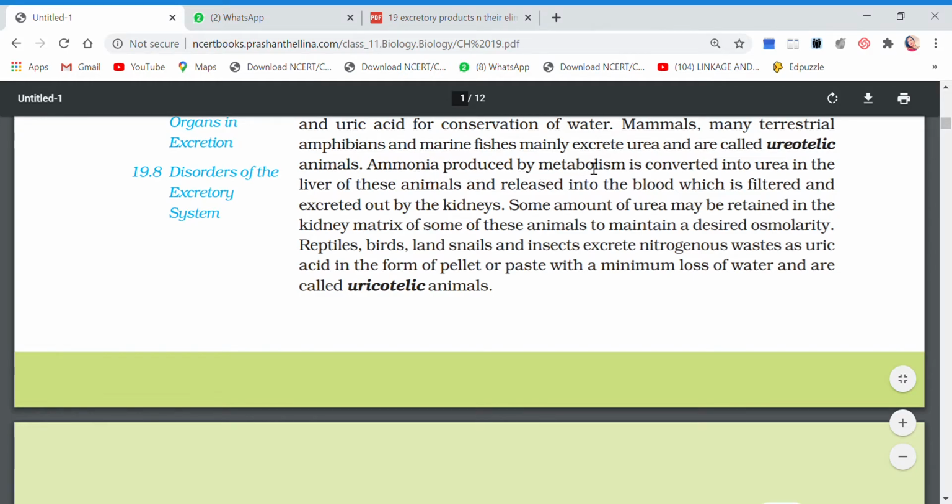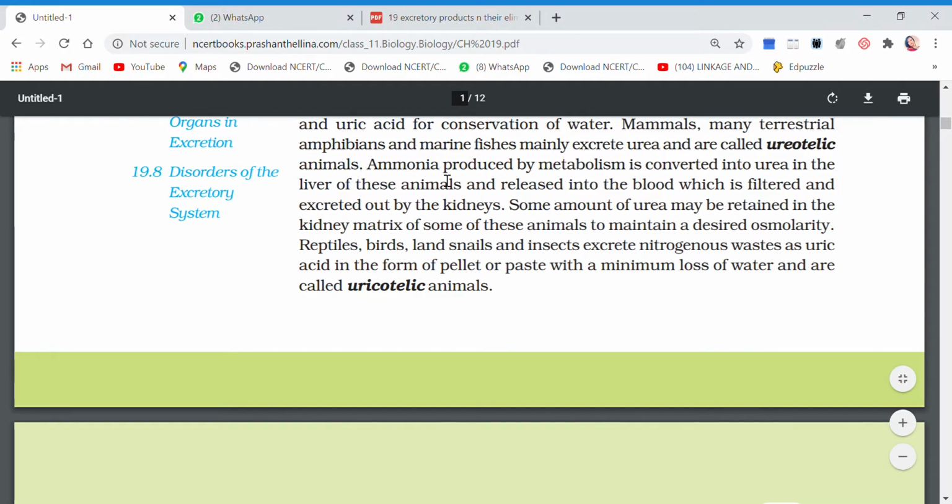The ammonia produced is converted into urea in the liver of these animals, and then they release it into the blood, where the blood will be taken to the kidneys, and there it will be filtered out, and then it will be excreted out. Understood?